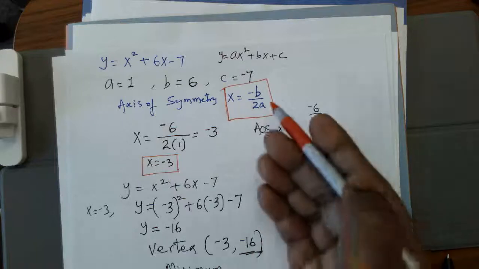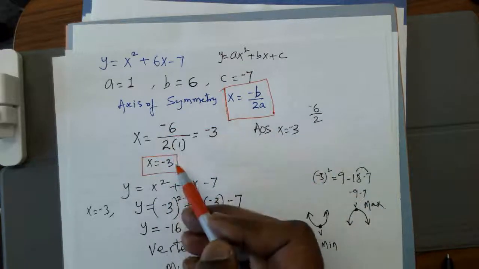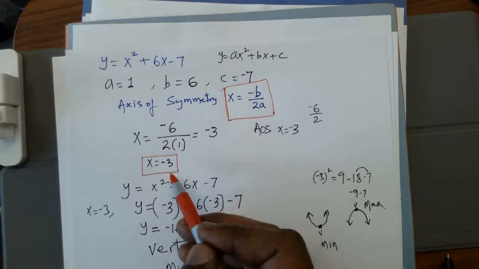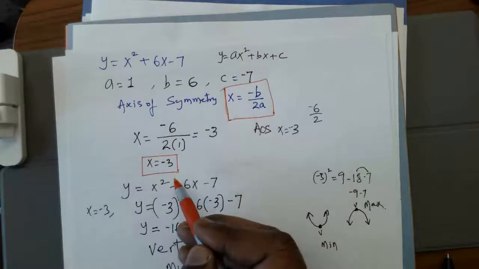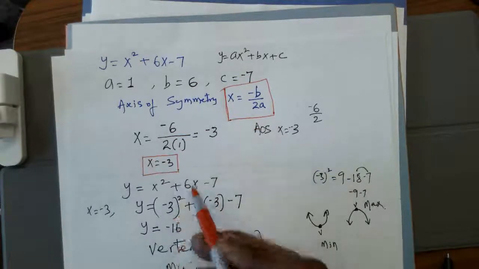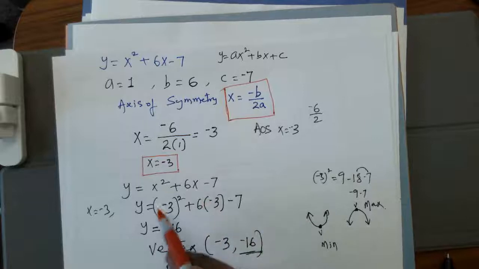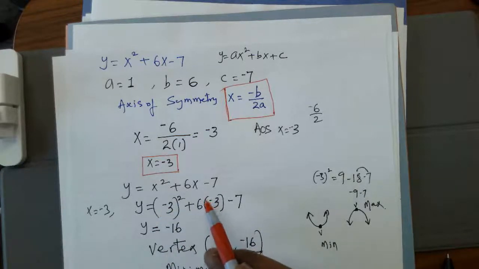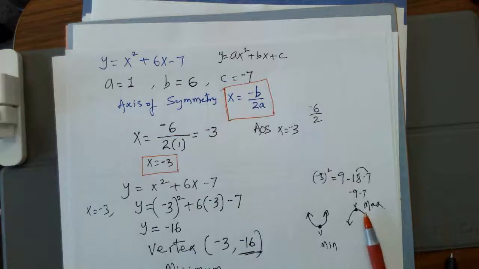Substitute the values carefully and simplify without any error. You got negative 3. Substitute that negative 3 back in the given quadratic equation, and you get your y value. That's all. Good? All right.